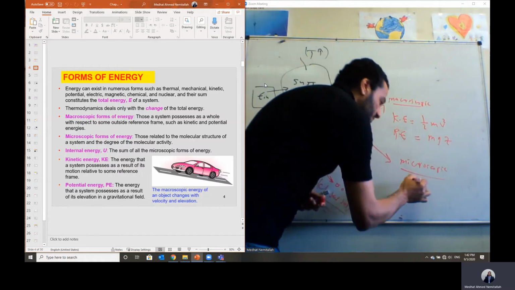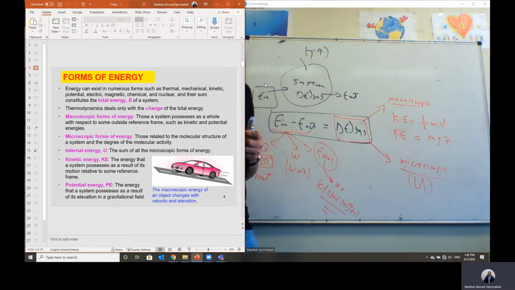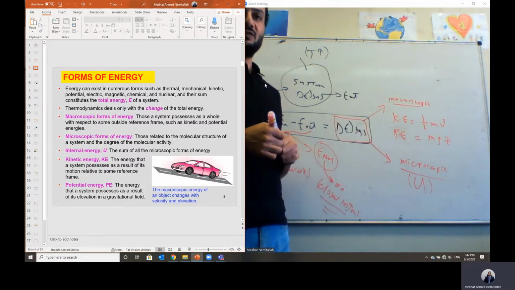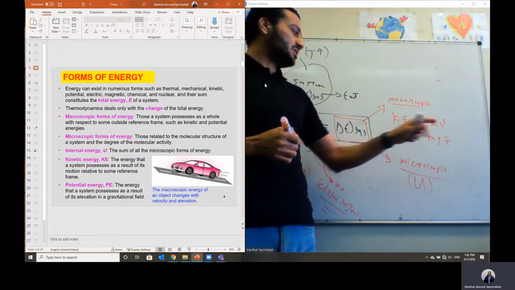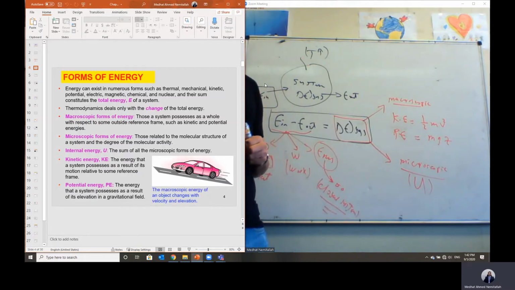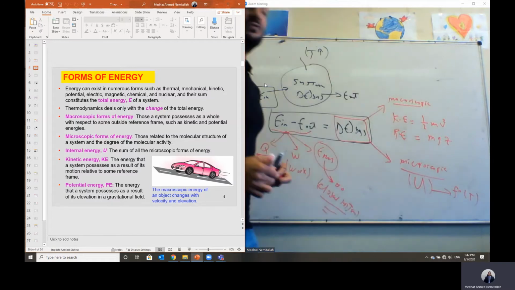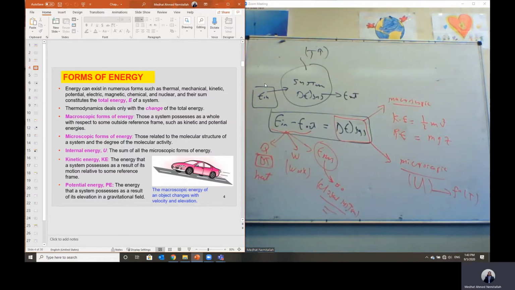The summation of all of these forms is called the internal energy U. So the forms of energy that the system can possess are kinetic energy, half mv squared, potential energy, mgz, and the internal energy U, which is mainly a function of the temperature. If the temperature is high, the internal energy is high.